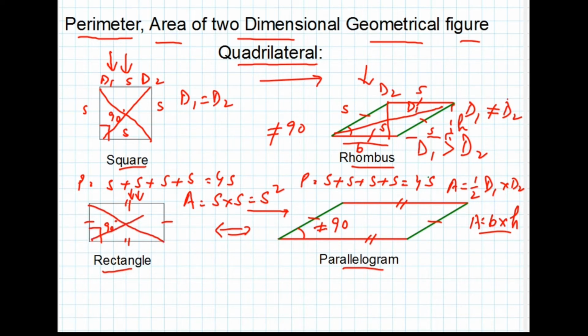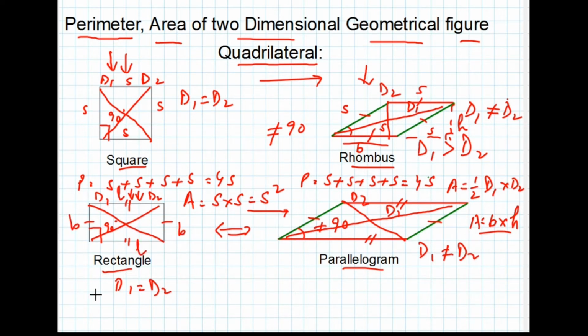Diagonals of a rectangle are equal, that is D1 is equal to D2. Diagonals of a parallelogram are not equal, that is D1 is not equal to D2. Perimeter of a rectangle is equal to L plus B plus L plus B, is equal to 2L plus 2B.